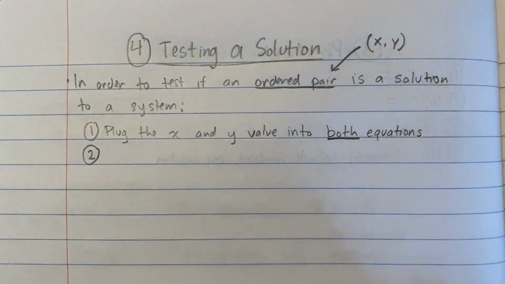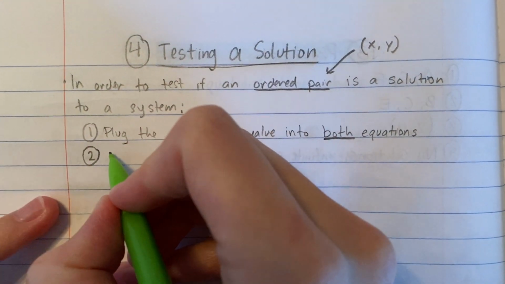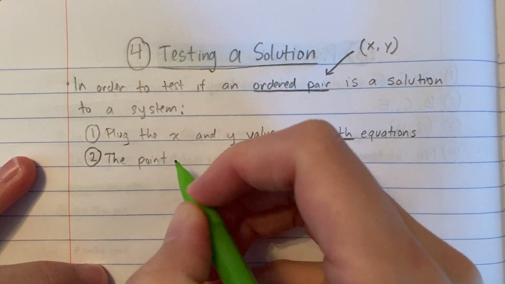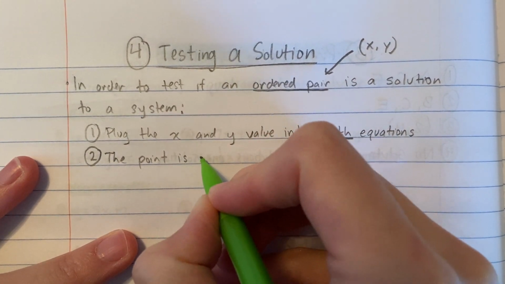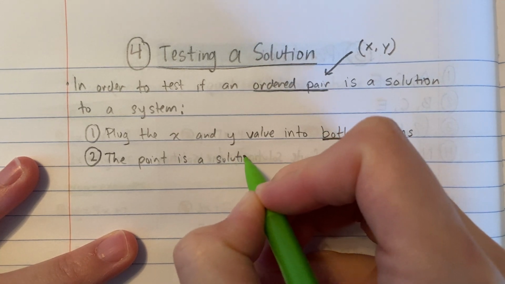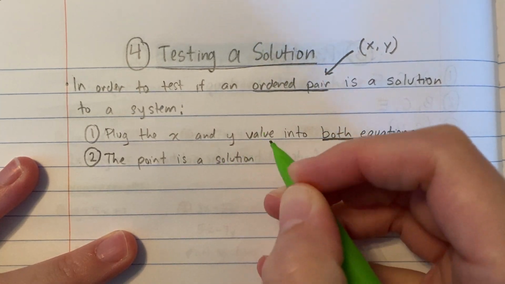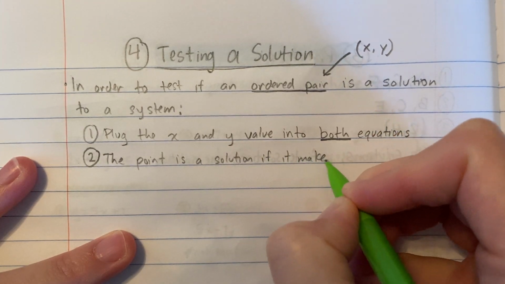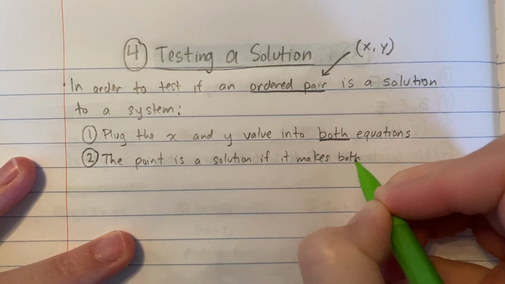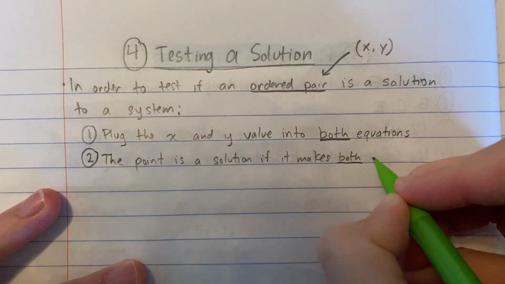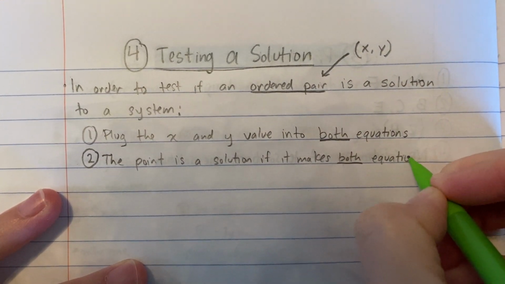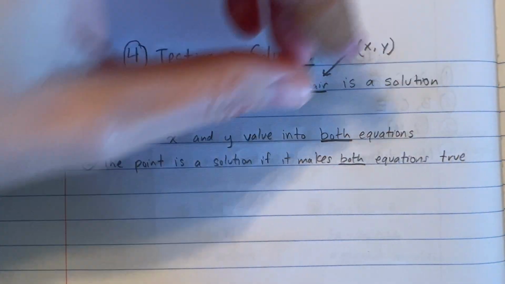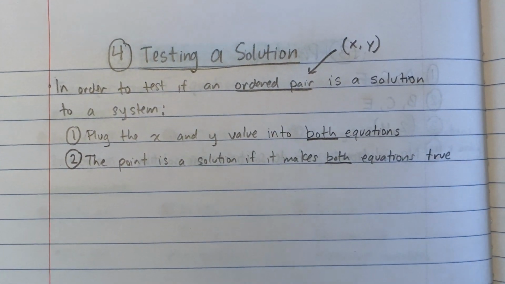So the point, the ordered pair, is a solution if it makes both equations true.